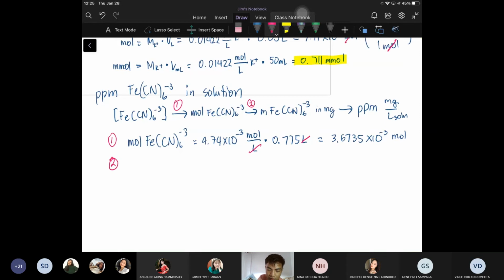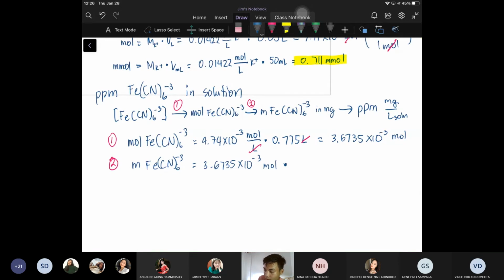Next one, kukunin mo na yung mass niya. So, paano yon? Mole times the molar mass lang. So, hindi ako nag-round off kasi tuloy-tuloy yung conversion ko. Times 10, negative 3. Tapos, i-multiply mo siya sa molar mass ng FeCN6, no?